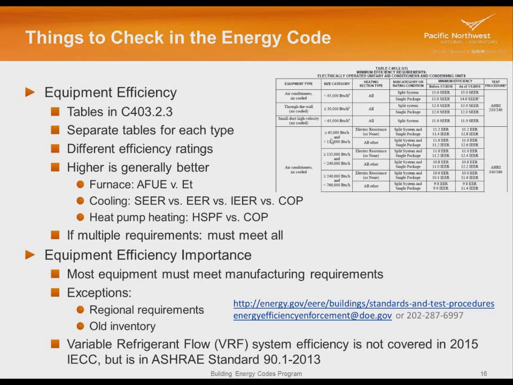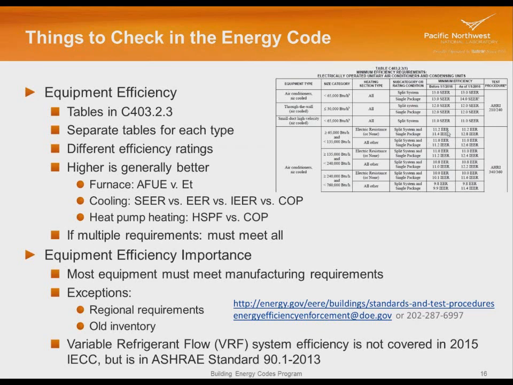So you have to know what the output capacity is for an air conditioner in cooling mode. You can see there are different sizes and different efficiency ratings. A smaller unit might be rated in SEER, or seasonal energy efficiency ratio. A larger unit might be rated in both EER and IEER, energy efficiency ratio and integrated energy efficiency ratio.